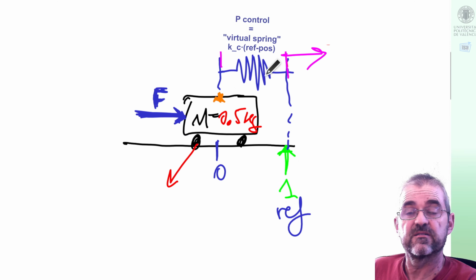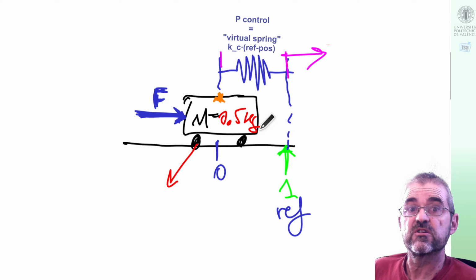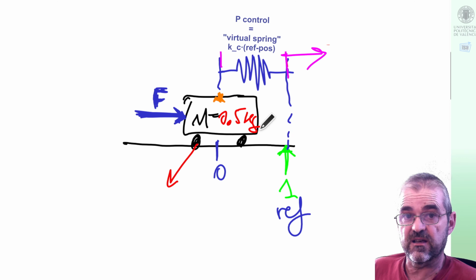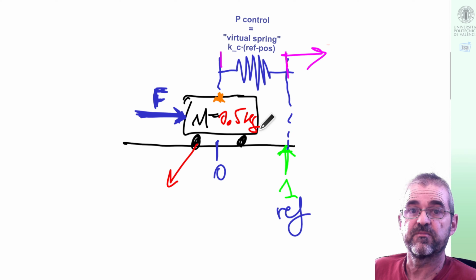So if I exert a force proportional to the error, it will be equivalent to placing this mechanical spring. And in fact, a proportional derivative control can sometimes be achieved with mechanical adjustments in suspensions, let's say. But if I do it in software, I can change the gains in a second just by typing the new gain on the keyboard. And if I do it with mechanical components, I would need to change the spring.